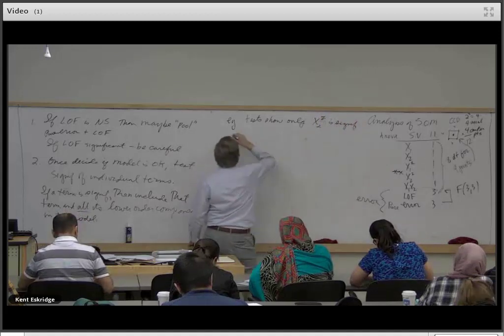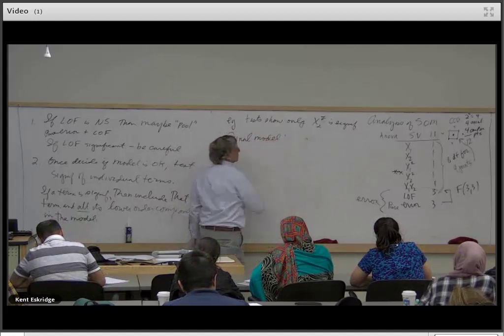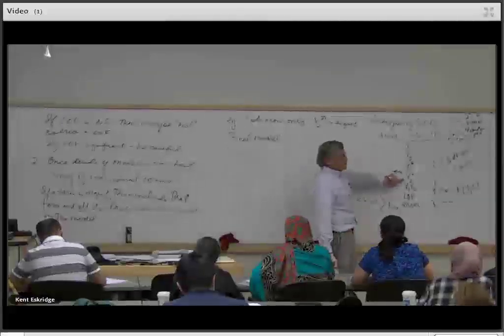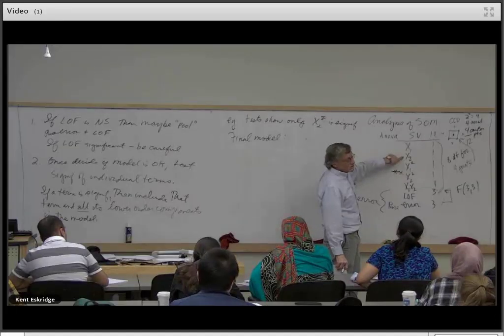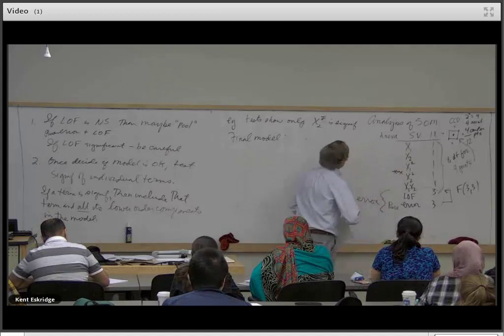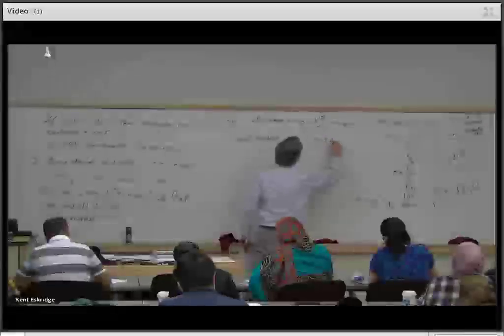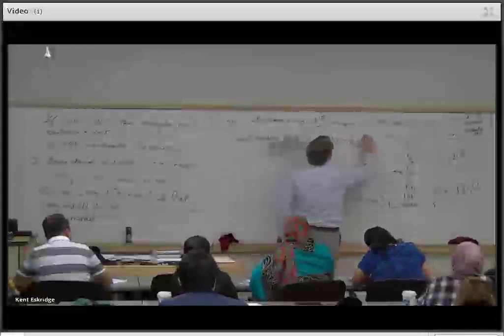Then what is the final model? It's got to be included, plus its lower order component, which is what? x2. Plus you've got to include the intercept. That's it. Okay, then the final model will be y hat equals b0 plus b2 x2 plus b22 x2 squared.